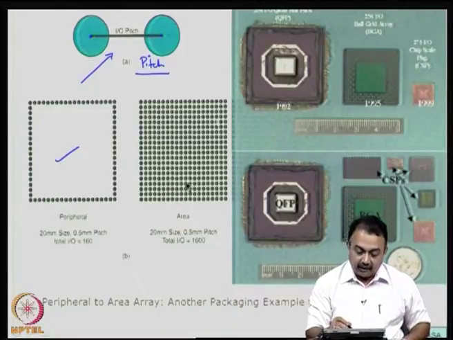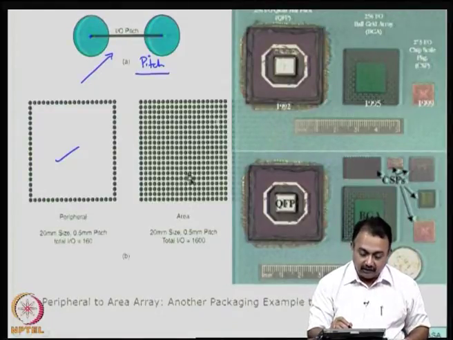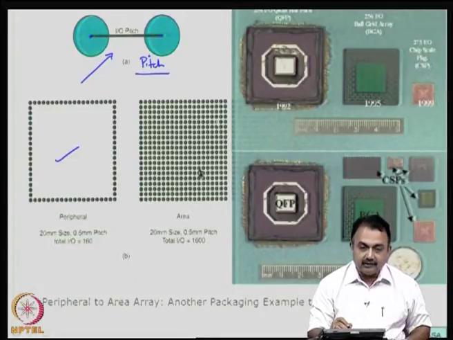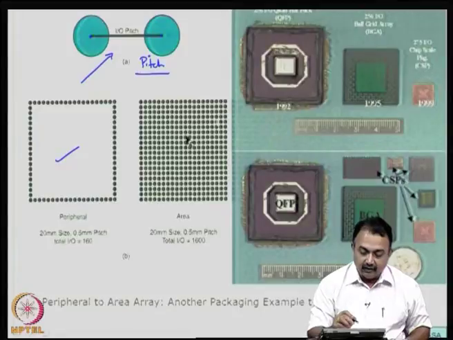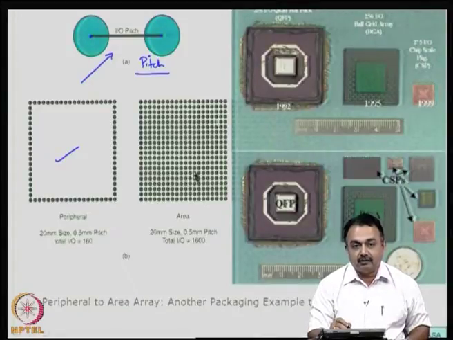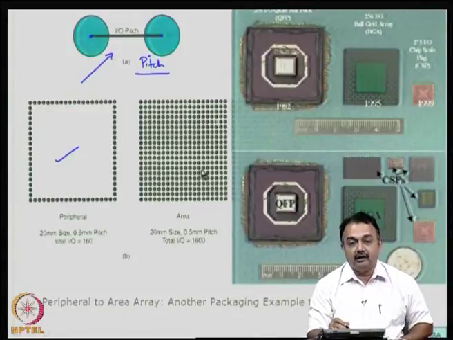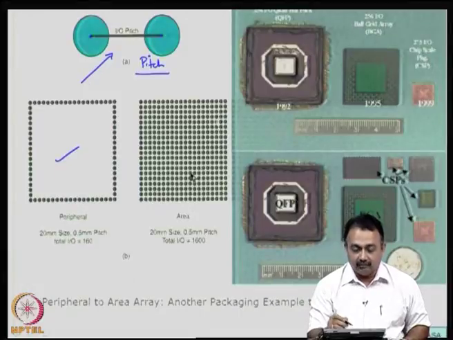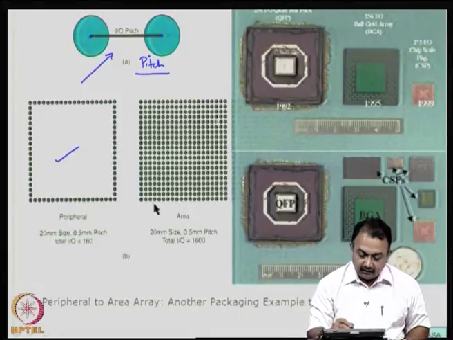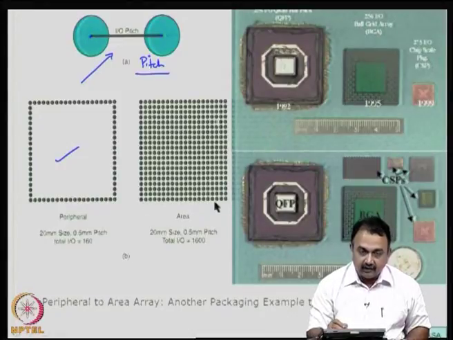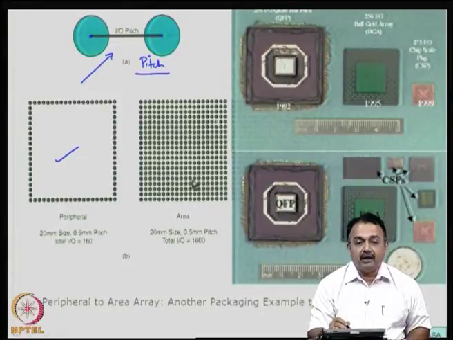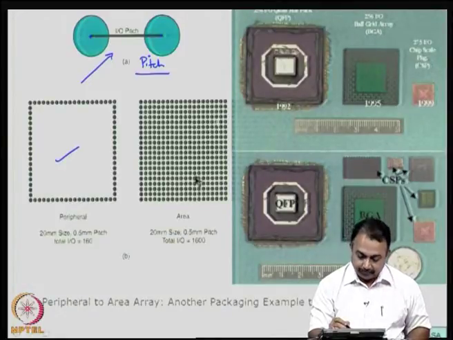Practically it may not be possible to get 1600, because ideally you would like a staggered arrangement of IOs for various purposes, including electrical and thermal performance. This is known as area array packaging, the configuration you will see typically in a BGA or a CSP.